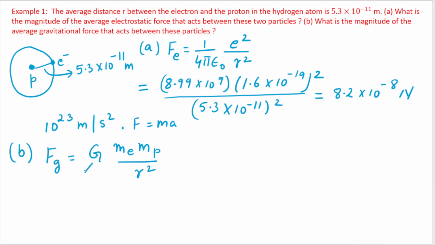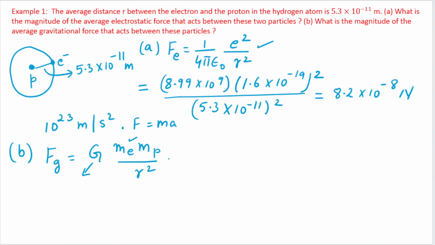The capital G is the gravitational constant. Also notice the similarity between the gravitational force and the Coulomb's law. Both vary as 1 over r square.